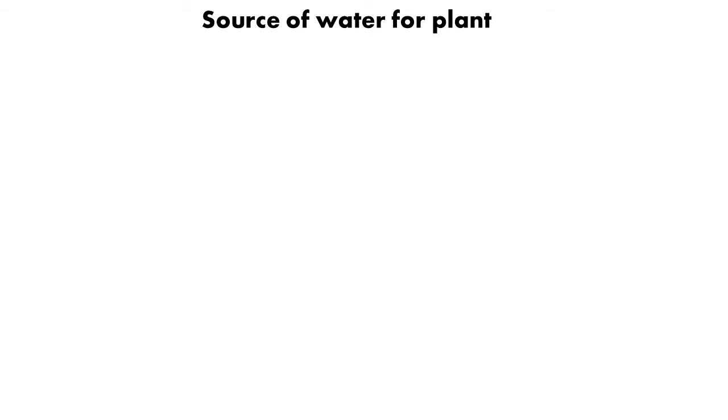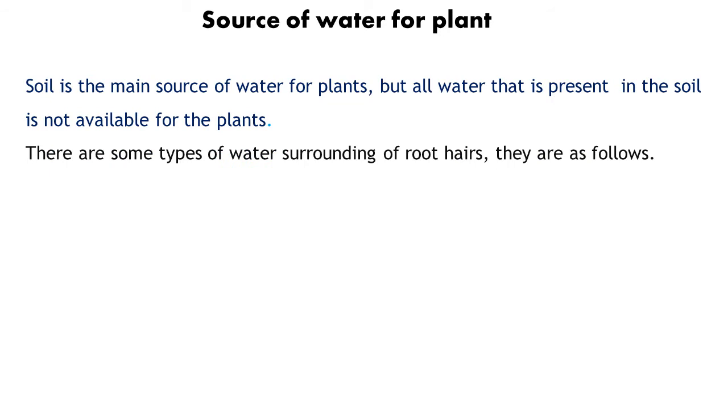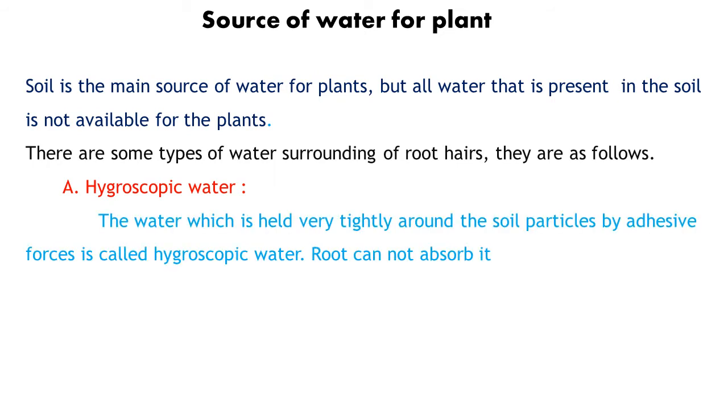Source of water for plants. Soil is the main source of water for plants, but all water that is present in the soil is not available for the plants. There are some types of water surrounding root hairs. They are as follows. Hygroscopic water. The water which is held very tightly around the soil particles by adhesive force is called hygroscopic water.